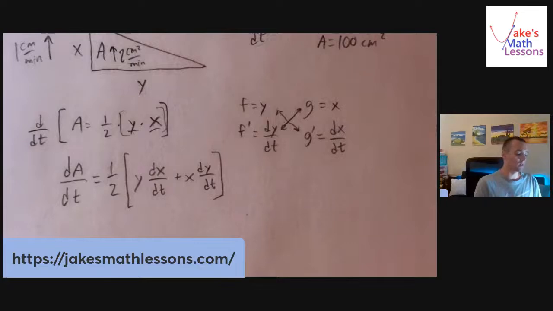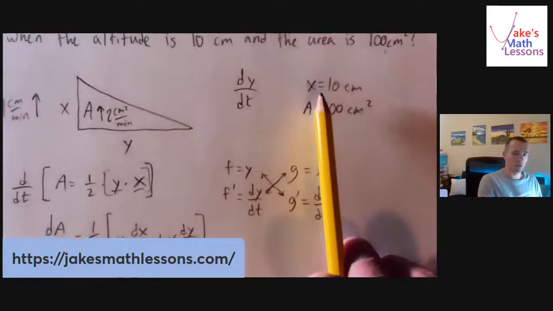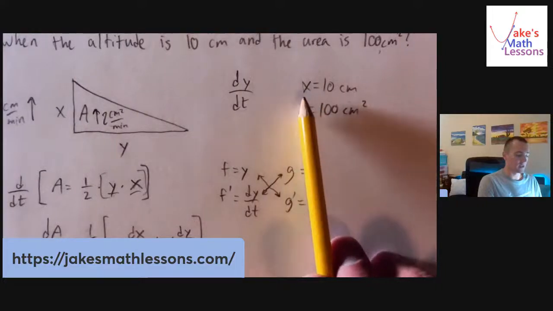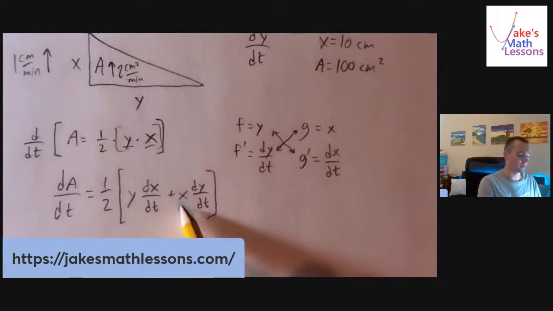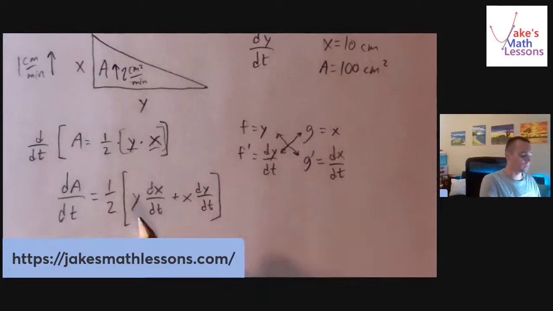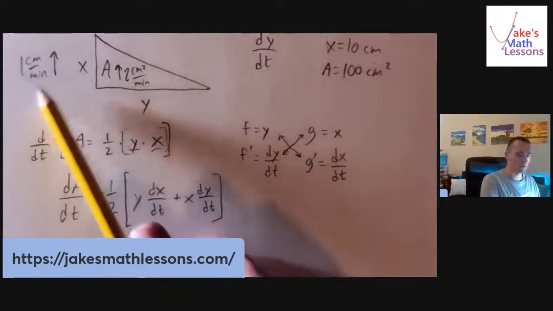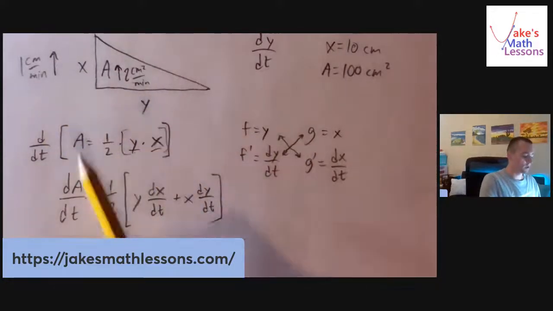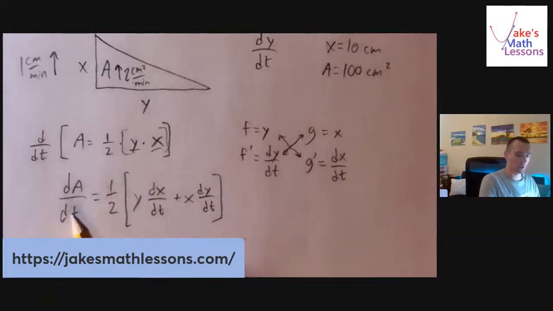Some of these things we already know. We were given that we're looking at the point in time where x is 10 and where a is 100. We don't have all of these, is what I'm getting at. We do have the rate of change of a and the rate of change of x, which I wrote over here in our drawing. dA dt always represents the rate of change of a, how quickly a is changing.